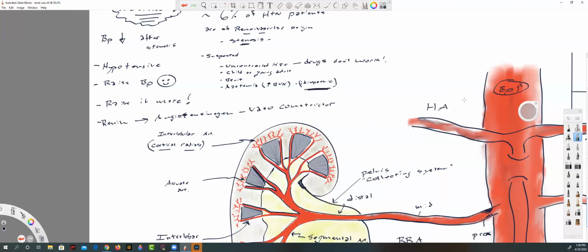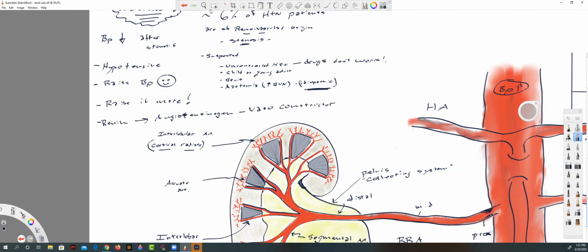If you're vasoconstricting our little arterioles throughout the body, that raises blood pressure. It also has effects on aldosterone, which changes the filtration characteristics of the kidney. But for right now, we'll just talk about angiotensinogen as a vasoconstrictor, which raises blood pressure.